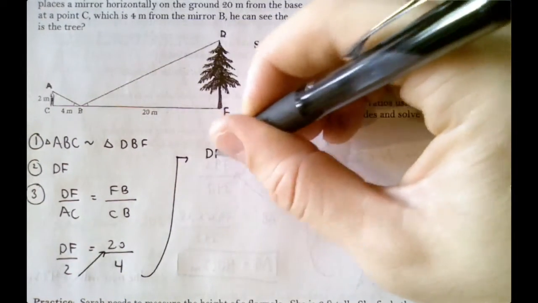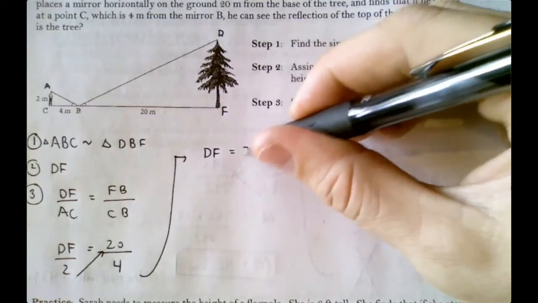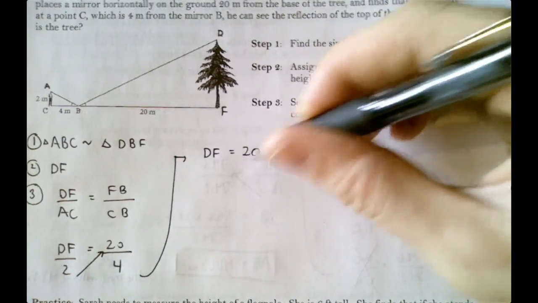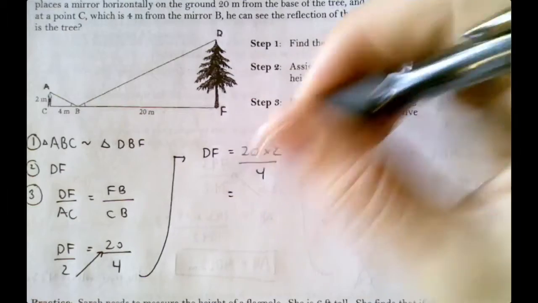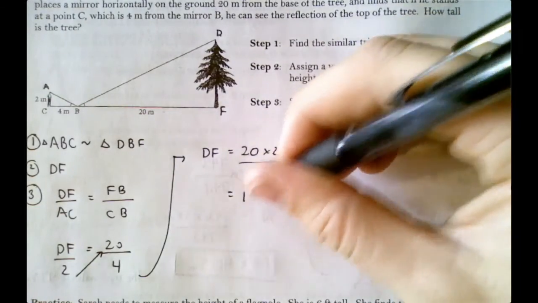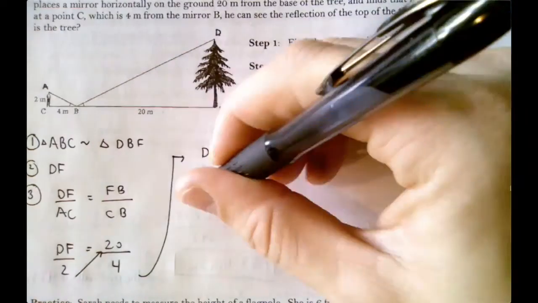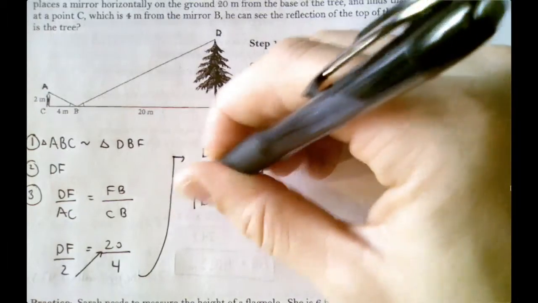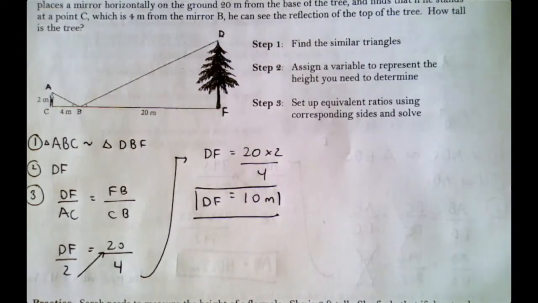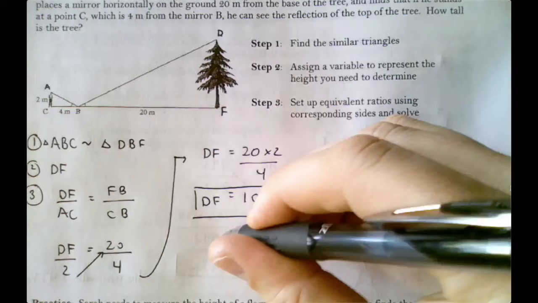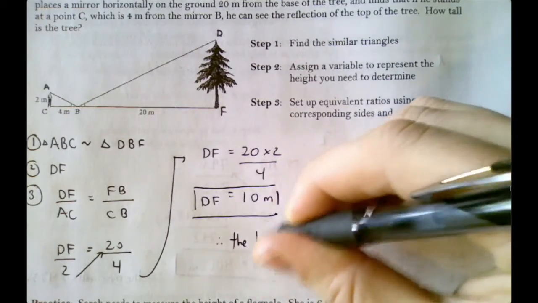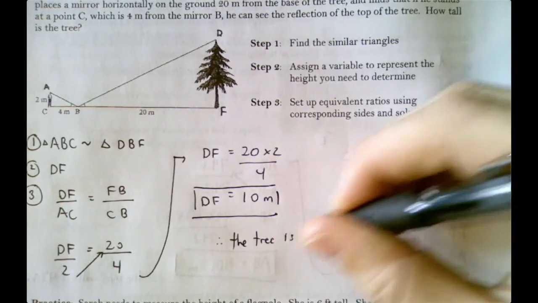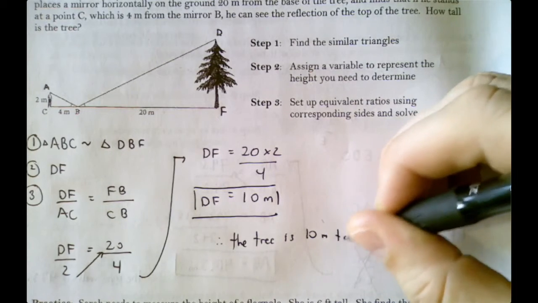And we end up with DF equals 20 times 2 over 4. 20 times 2 is 40, and 40 divided by 4 is 10. 10 meters. That tree is 10 meters tall. There we have it. Therefore, the tree is 10 meters tall.